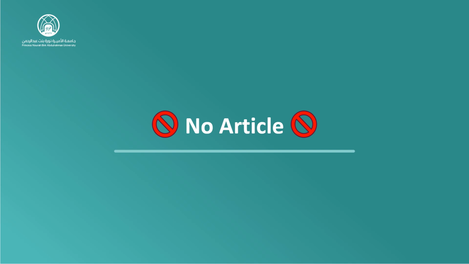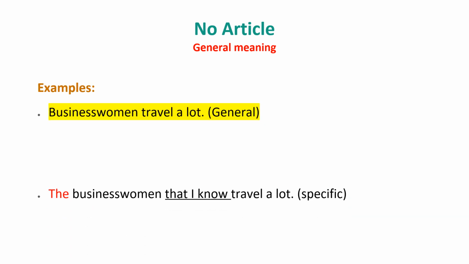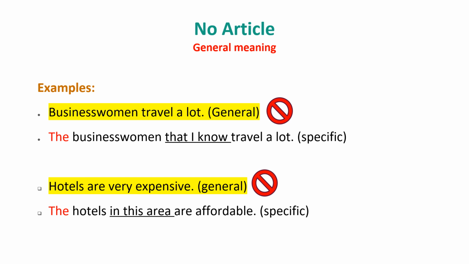No article. Do not use an article before plural nouns or uncountable nouns that refer to general people or things. For example, businesswomen travel a lot.